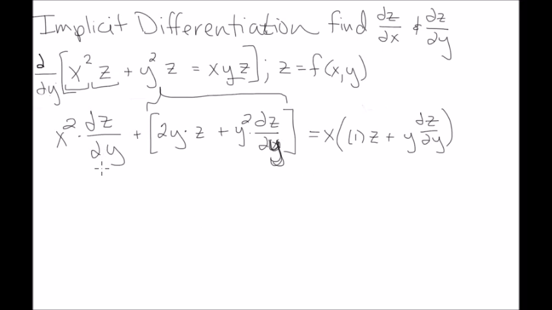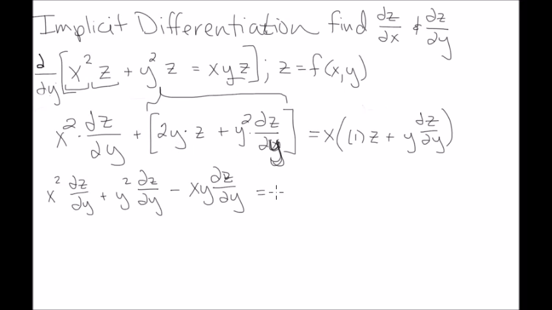And I'm going to get all of the dz dy's by themselves and all of the expressions without a dz dy by themselves. So I'll move all the dz dy's to the left-hand side. I get x squared dz dy plus y squared dz dy minus xy dz dy. And I'm going to move the 2yz to the other side.